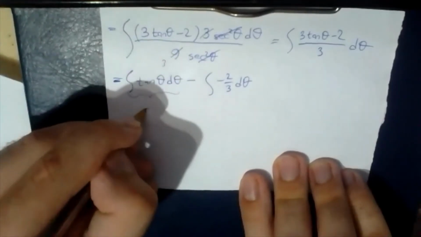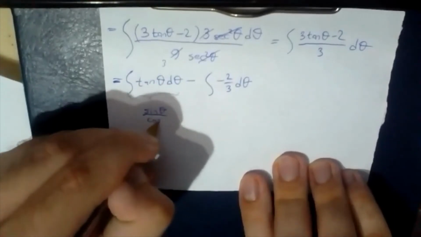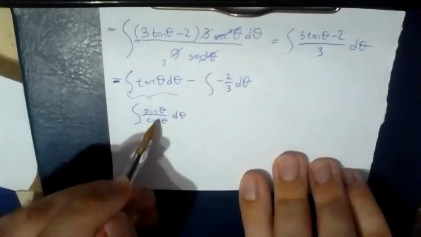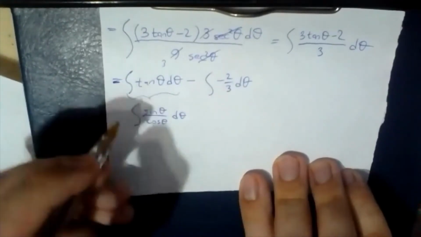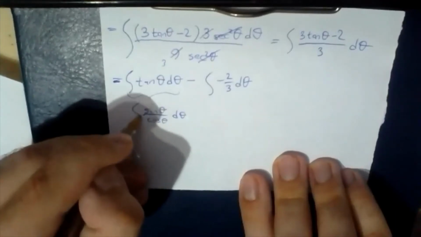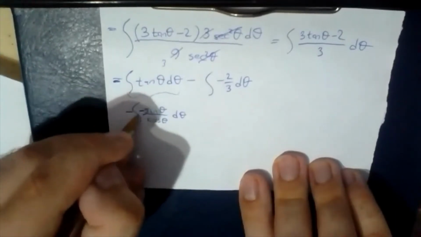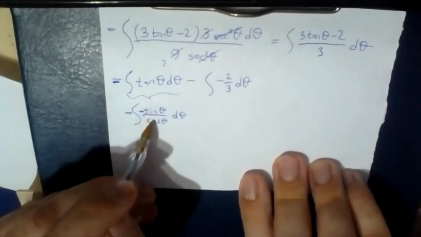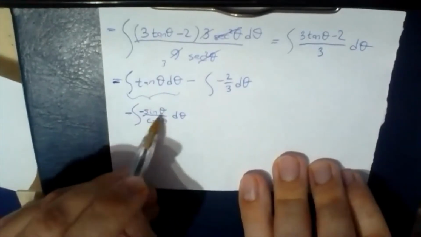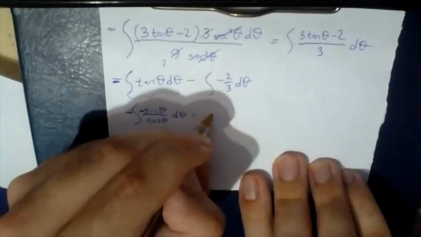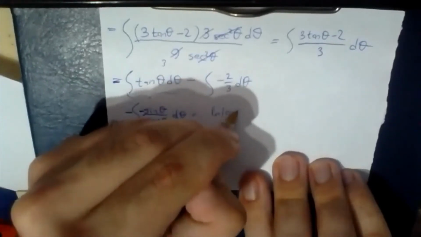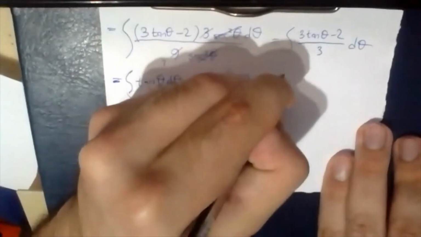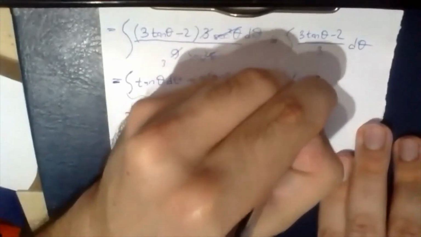Otherwise, you can consider this one, sine theta over cosine theta d theta, and you can observe that the numerator is not the derivative of cosine theta, but we need a minus, so we can multiply it by 2 minuses, nothing will change. Now, the numerator is the derivative of the denominator, so this integral will be ln of the denominator, ln cosine theta, but we will also have a minus here.